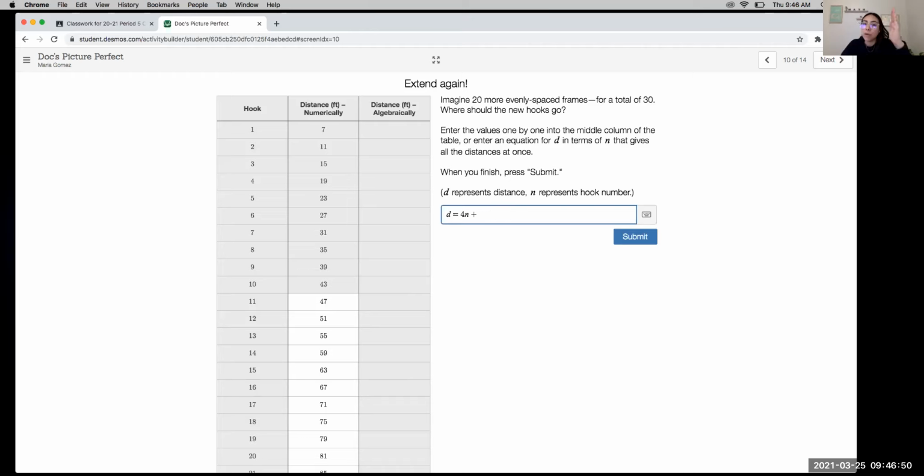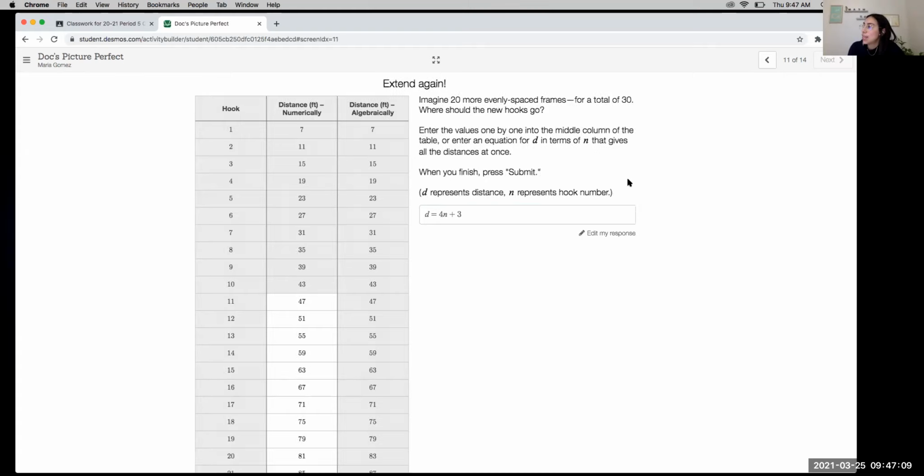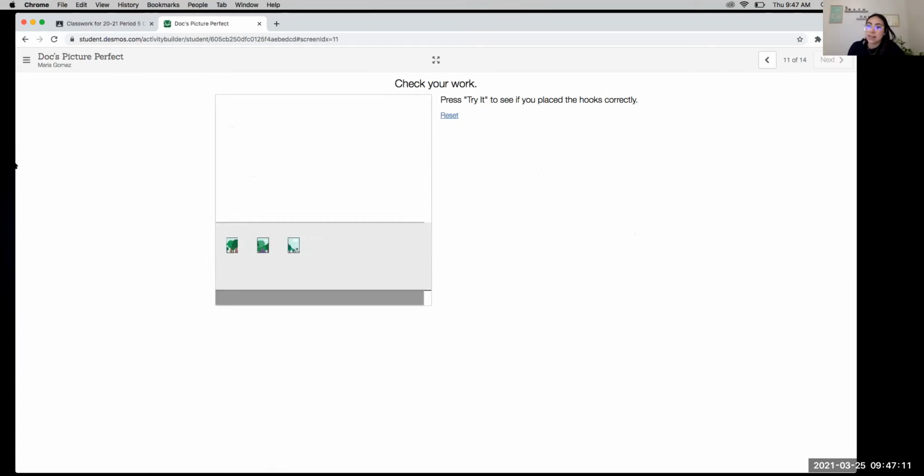Well, if I'm at 7 and I'm trying to work backwards to see how long that bookcase is, I would have subtracted by 4. And that would have told me that I needed to get over that bookcase using that 3 feet. And then you see that they match. And when you go over to try it, they all hang. So you want to keep that in mind as we go on with our linear equations.